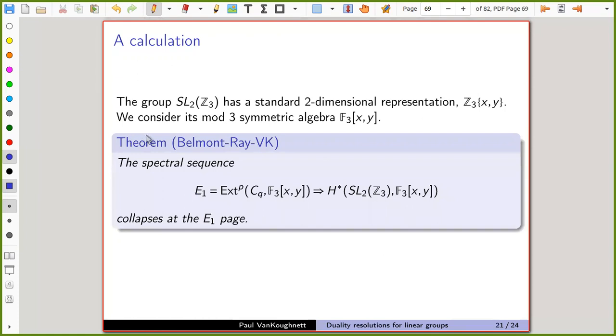Okay, so there's a spectral sequence that calculates this, and it turns out that the spectral sequence collapses at the E1 page. It seems more difficult to do this same computation with integral coefficients. It requires a better understanding of the differentials, or the maps in the resolution.